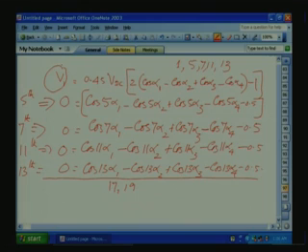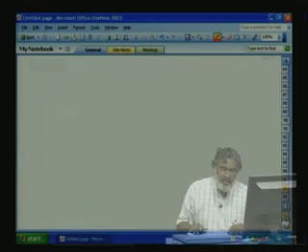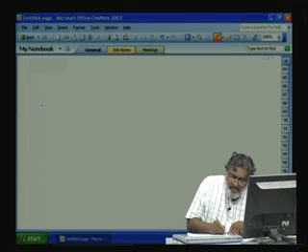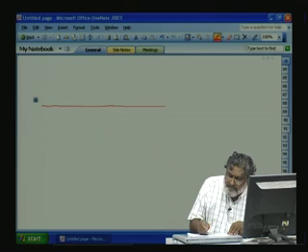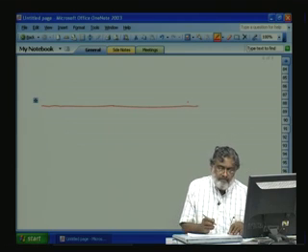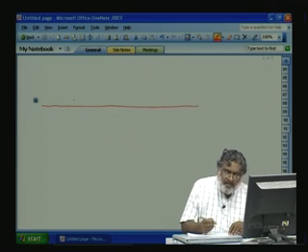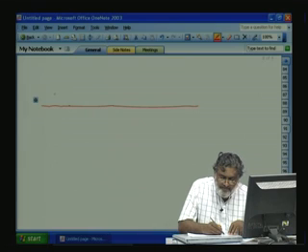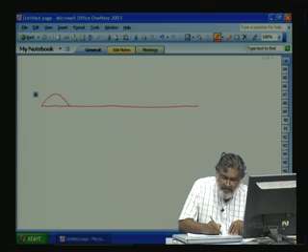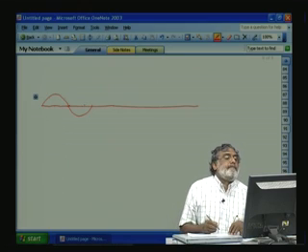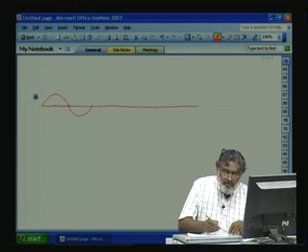So again, for the 3-phase case, let us go to the next page and see how the harmonic elimination works for the 3-phase case. Let us draw the triangle wave. Then let us take the corresponding modulating wave. This is the modulating wave for A phase. Now B phase will be 120 degree phase shifted.